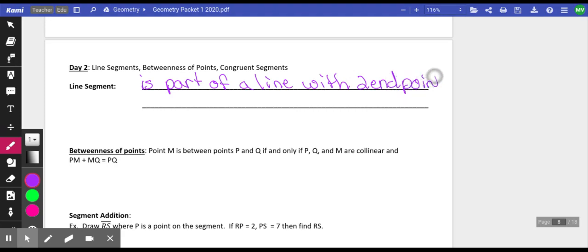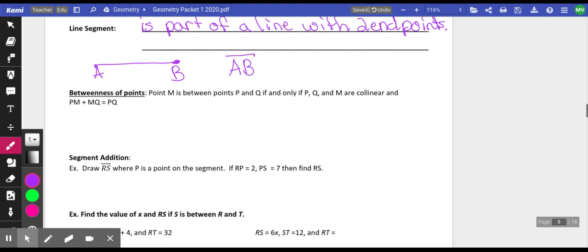We can name a line segment one way. This is segment AB, written AB with the line segment symbol on top. Notice, unlike a line, there are no arrows.